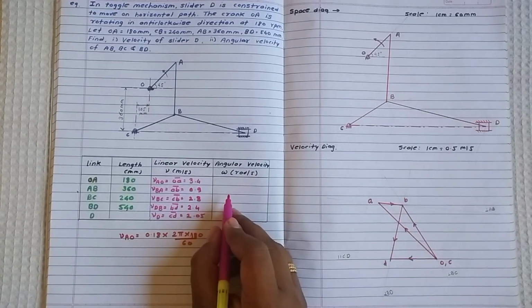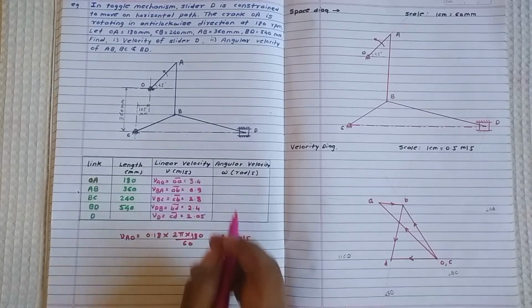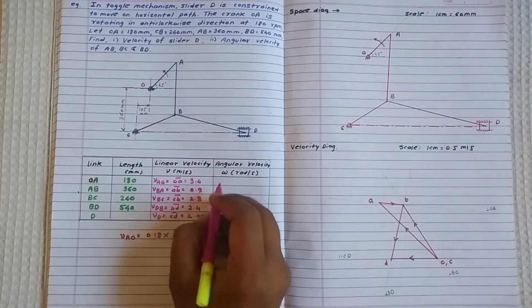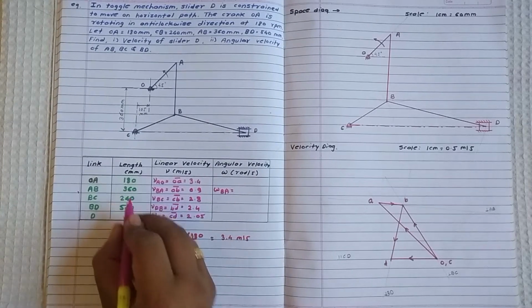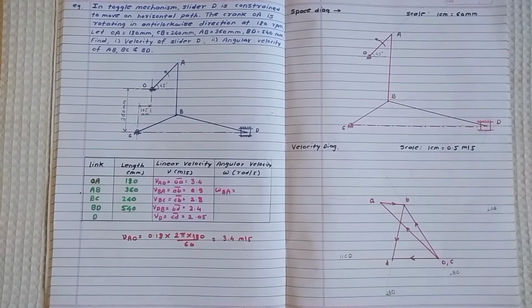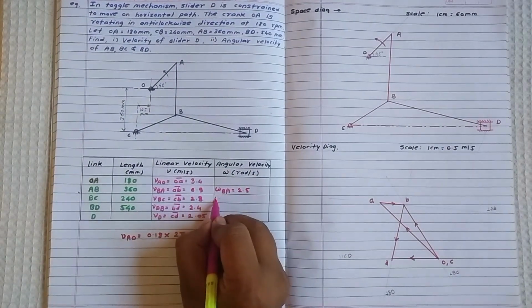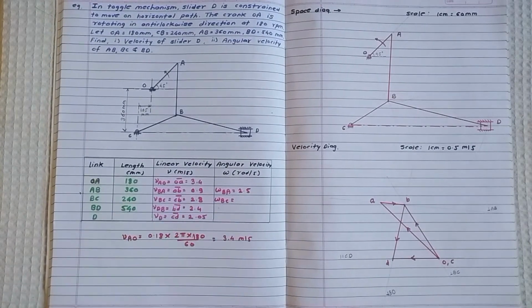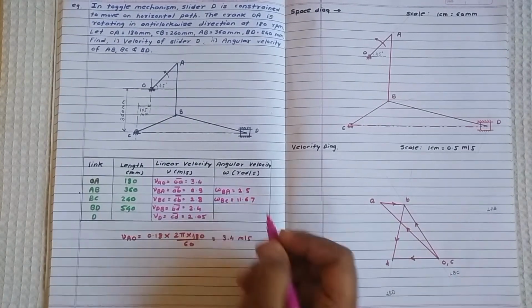Now we have to find the angular velocity of AB, BC and BD. We know V is equal to r into omega, so omega will be V upon r. Angular velocity omega BA will be 0.9 divided by 0.36, V divided by r. It comes to 2.5 radian per second. Next, omega of BC is equal to V of BC divided by the length of BC, so it is 2.8 divided by 0.24, which comes to 11.67 radian per second.